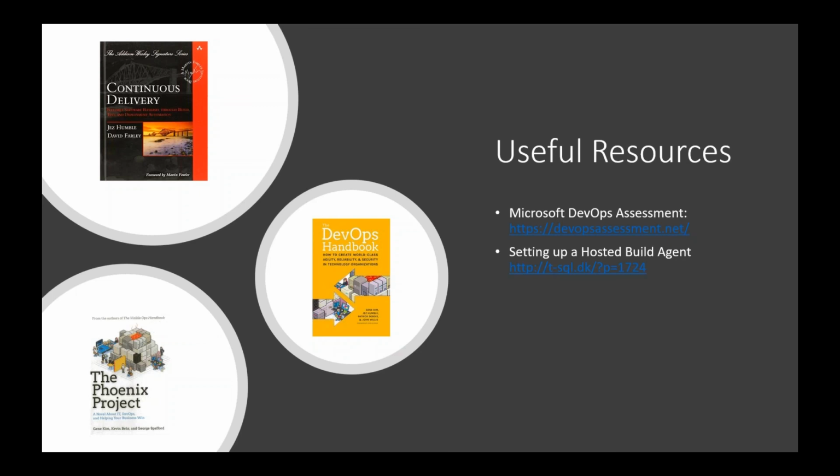Microsoft has a DevOps assessment tool you can reach at devopsassessment.net. And as I mentioned earlier, for setting up a privately hosted build agent, you can read a blog post of mine at the link in the presentation. And I think that's it.